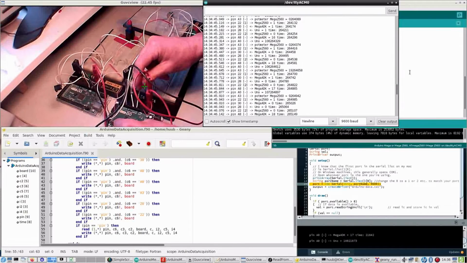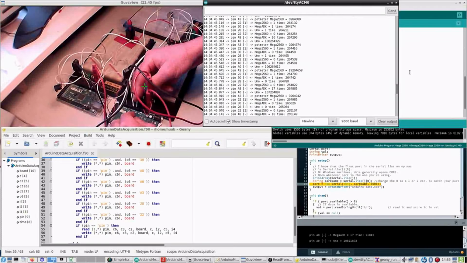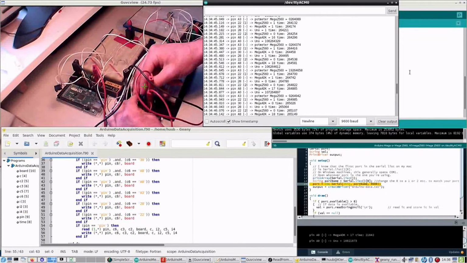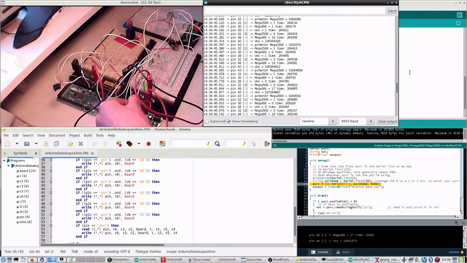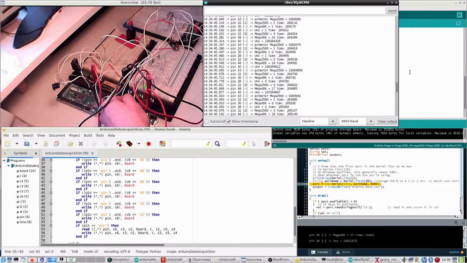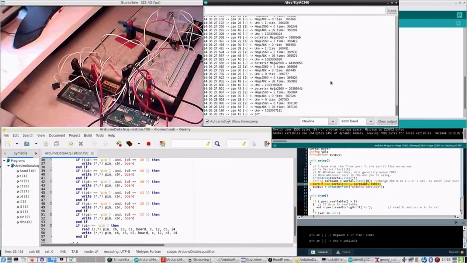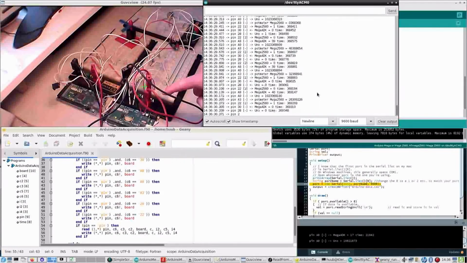So that is 1 and that is ground, at least. Now it's connected to ground again. Let's check again. By the way, that was a 0, not a 3.